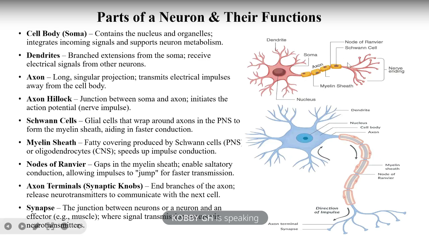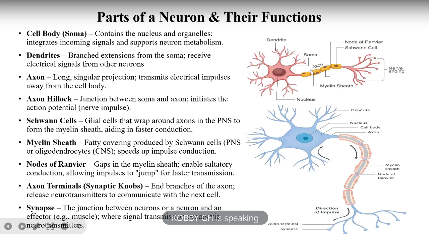This is where impulses are transmitted. The dendrite receives the impulse, then the impulse is transmitted along the axon through to another neuron. Is that okay?